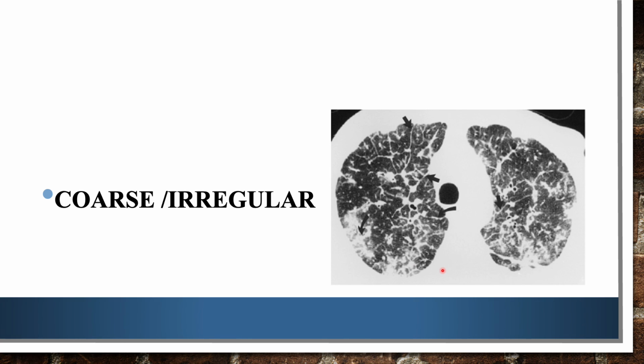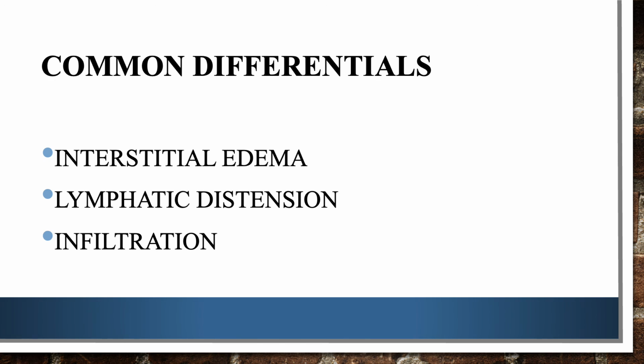We can also call it reticulations or prominent reticular markings when you see intralobular and septal thickening and irregular interlobular thickening. It could be shaggy, irregular, corkscrew appearance, peripheral, and that's also called septal thickening. So prominent lines.